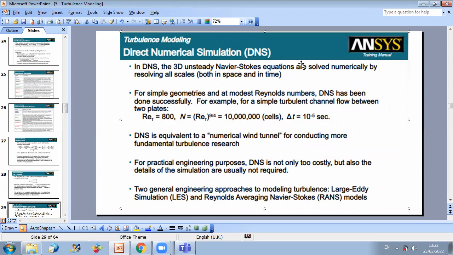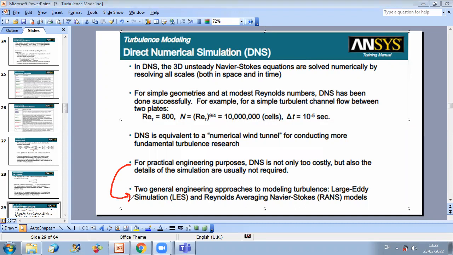This is why we decided that sometimes, for part of the flow, we can solve the Navier-Stokes equation directly, and for another part, which is more complex, use other techniques, okay?